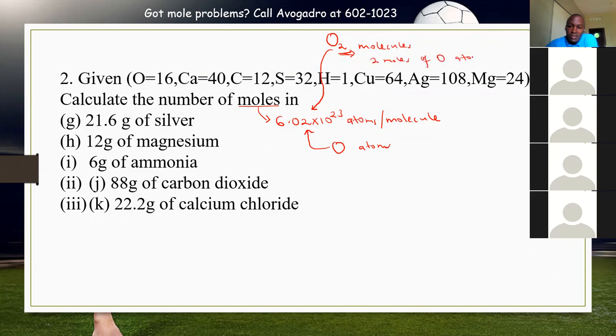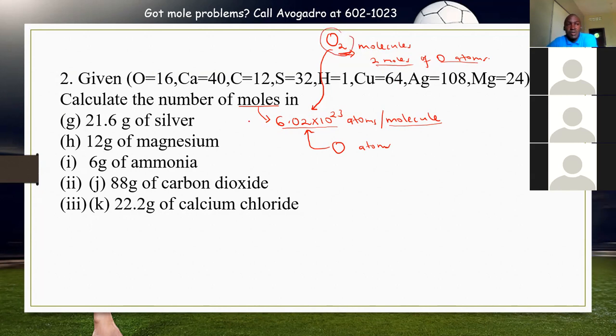Who can see that? Looking at molecules where we have 2 atoms of oxygen, 1 mole of oxygen gas has 6.02 times 10 to the power 23 oxygen molecules. But that 1 mole of oxygen molecules will actually contain 2 moles of oxygen atoms, because each molecule contains 2 atoms.